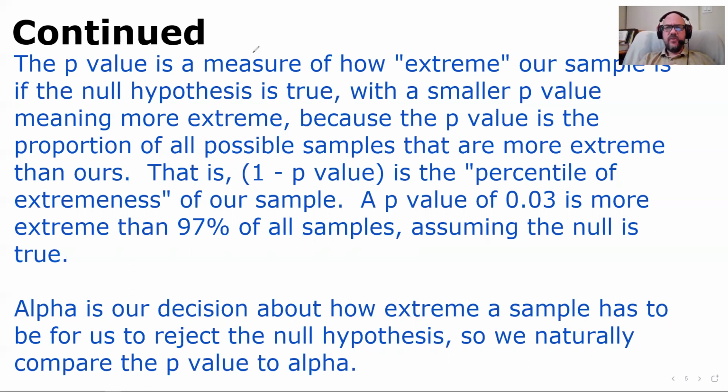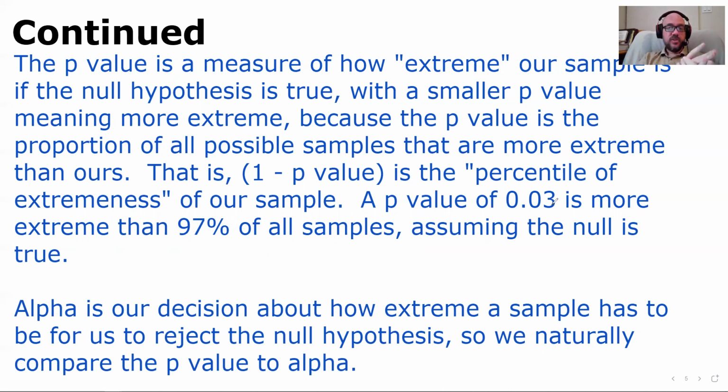Another way to say that is that if you subtract from 100%, the p-value is the percentile of extremeness. So a p-value of 3%, of 0.03, here is more extreme than 97% of all samples because it is in the 1 minus 0.03, or 0.97, percentile, right? It's in the 97th percentile of extremeness of all possible samples.